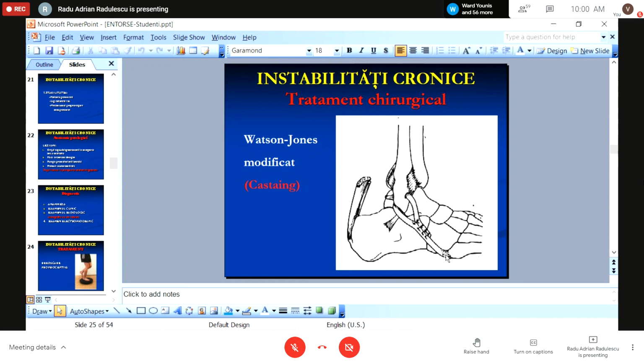So this half peroneal tendon will become the new lateral collateral ligament. Of course, the patient must be immobilized in a splint after the surgery, but after that, he has to go to physical rehabilitation.